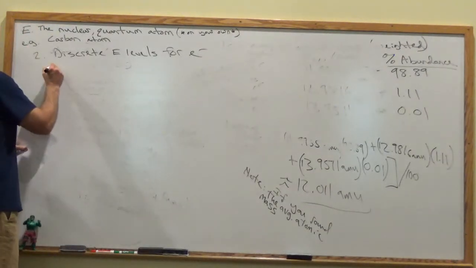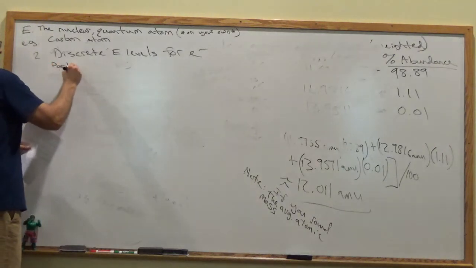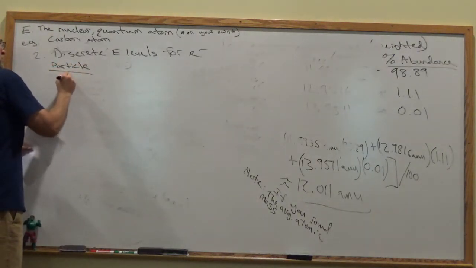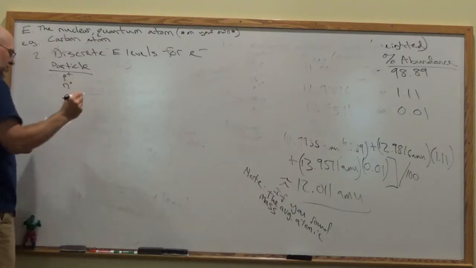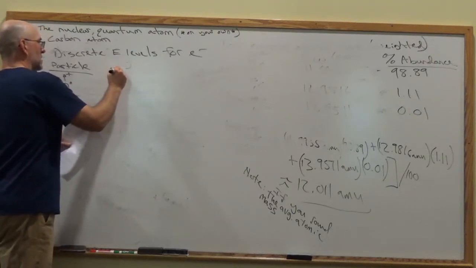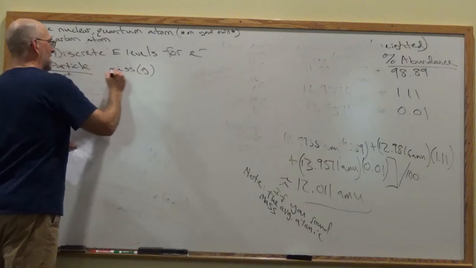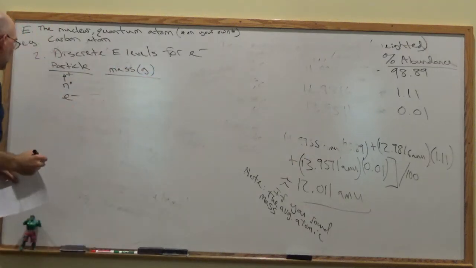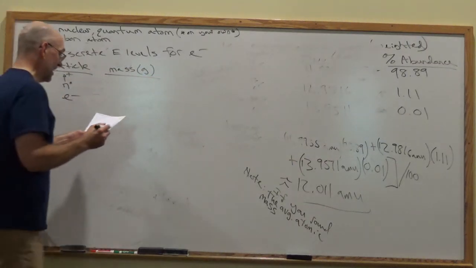Just to give you an example, so protons, neutrons, electrons, how much do these things weigh? It's amazing, I think, that we can determine the mass of an individual proton or neutron in grams, but we can.